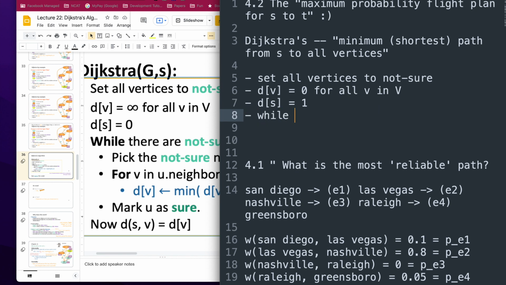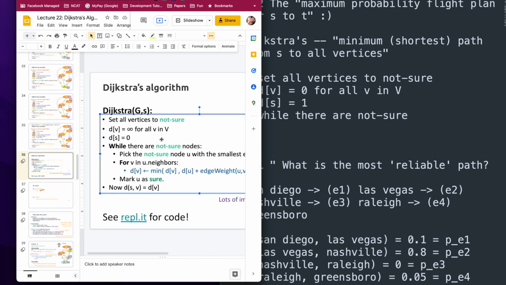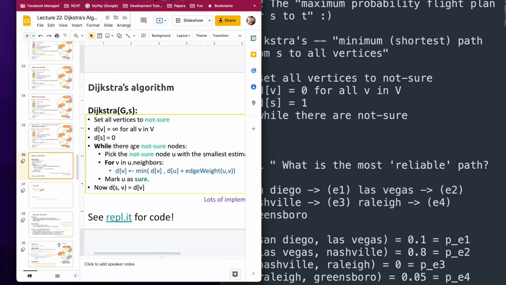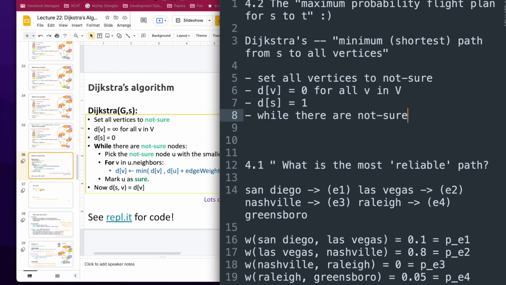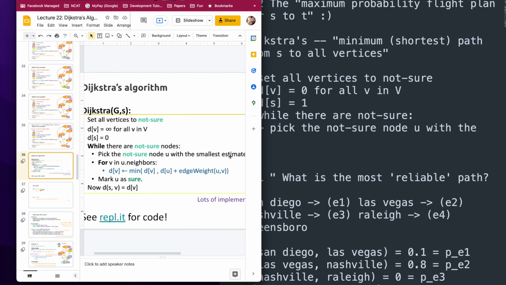So the next step is, while there are not sure nodes. Let's zoom out a little bit, I don't like having zoomed in so much. Zoom about 100 again. Yeah, so we're looking here at while there are not sure nodes. That seems like we'll keep that. We pick the not sure node u with the, and here it says the smallest estimate.